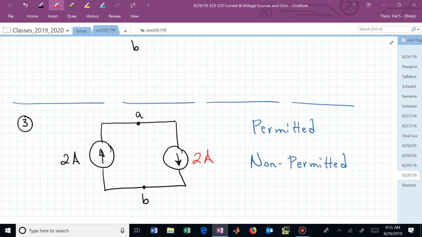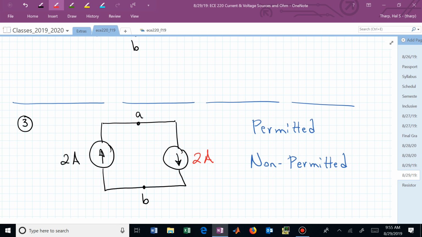Now look at A. Essentially what you're trying to do is ask how much charge is flowing into A from the left, and is that the same as what's flowing out to the right? That's one way of thinking about it, and if that's what you're asking your sources to do, then it's okay.